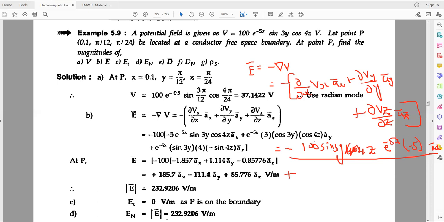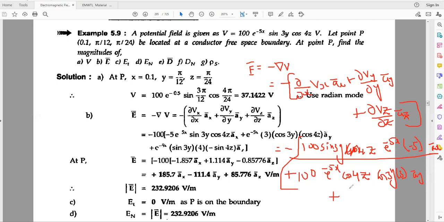For the second term, with respect to y, 100 into e power minus 5x, and cos 4z is a constant. Now the derivative of sine 3y is cos 3y into 3, plus the Ay bar coefficient.